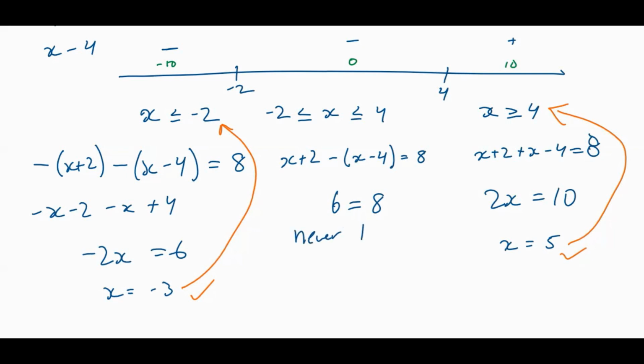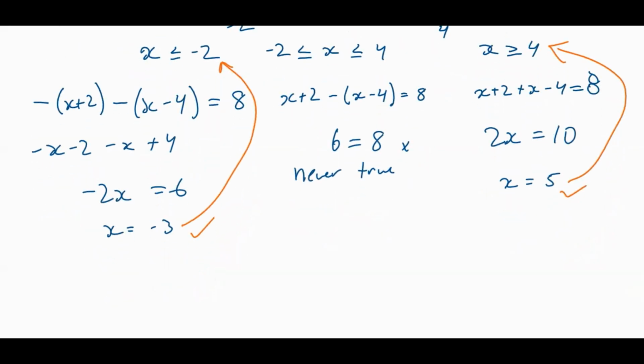Never true. So there's no solutions there. No solutions come out of that middle part. Therefore, x equals negative 3 and 5. That one's relatively easy to interpret the solution. You're just checking each individual part to see if it's in the domain of the case that it came from.